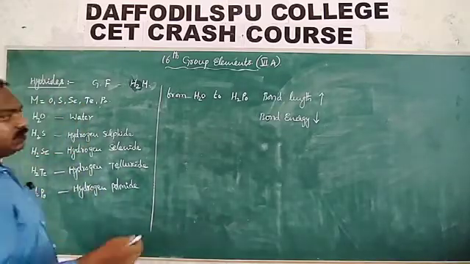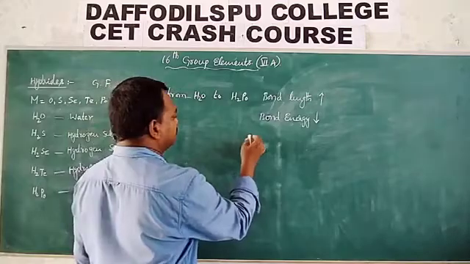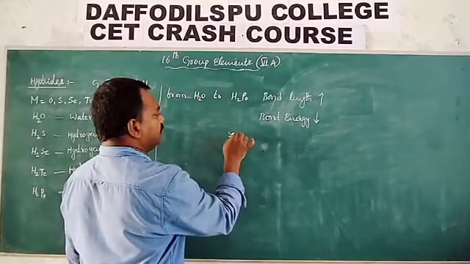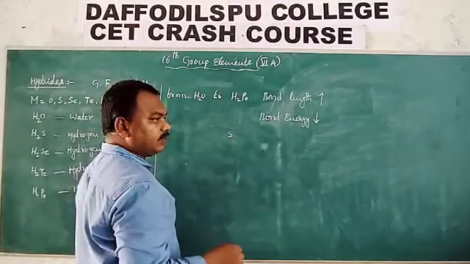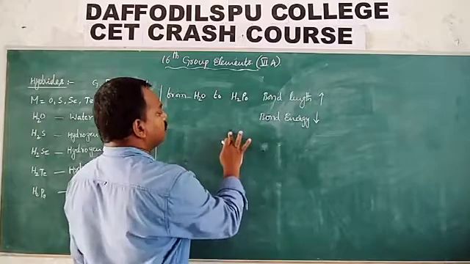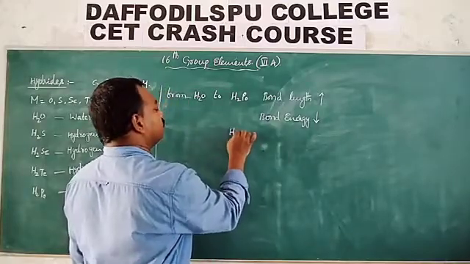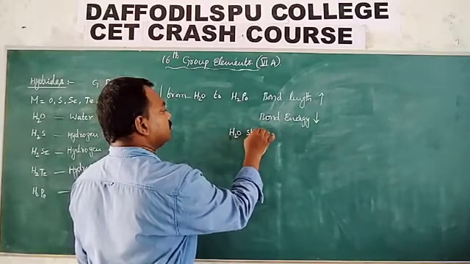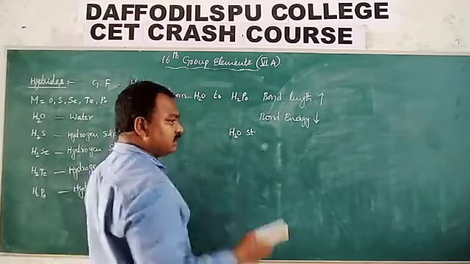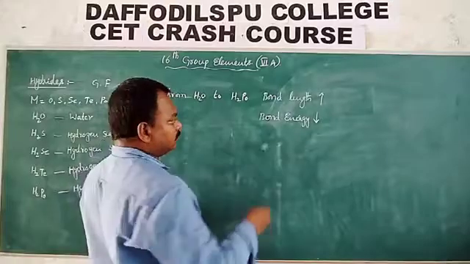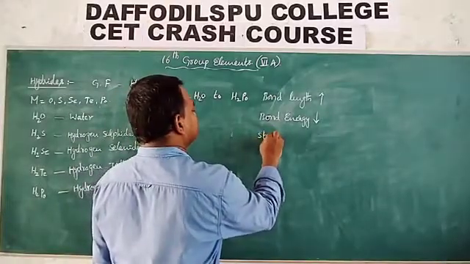So we will discuss the stability order. Stability decreases from H2O to H2Po. Most stable one is water. H2O is stable, bond energy decreases. I will write another one. Stability decreases.